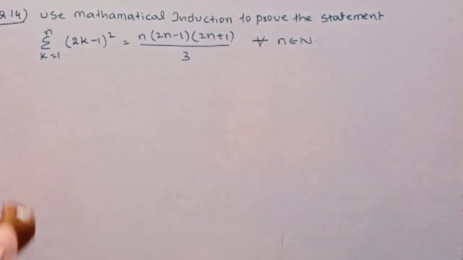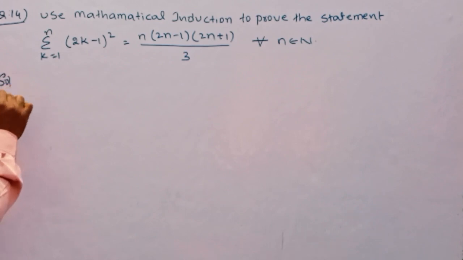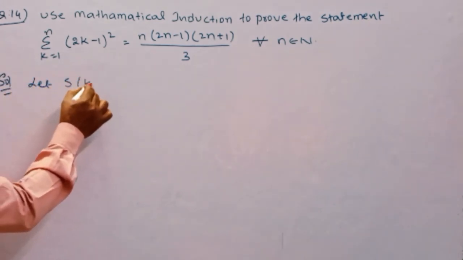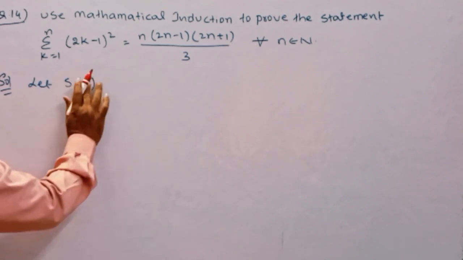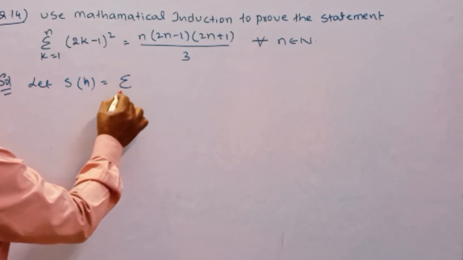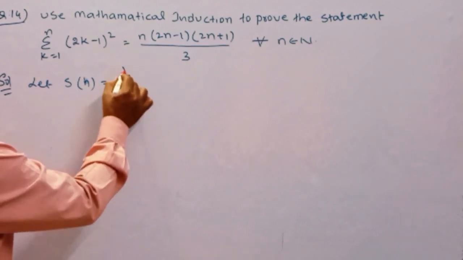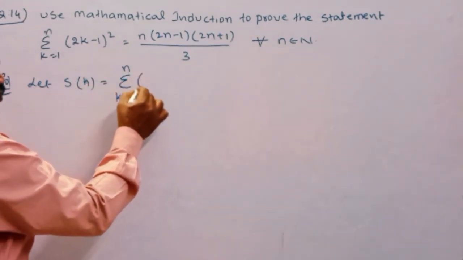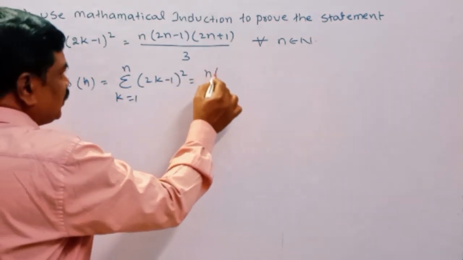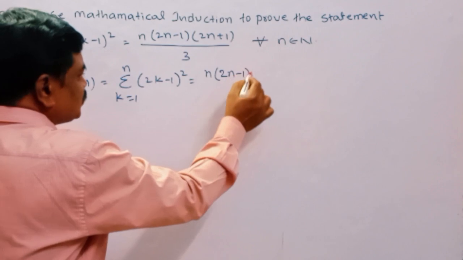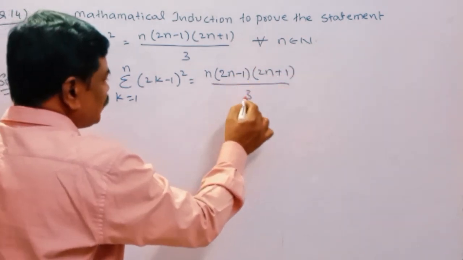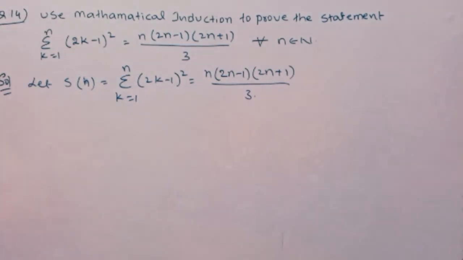So what is the given statement? Let S of n be equal to sigma k equals 1 to n of (2k minus 1) whole square equals n(2n minus 1)(2n plus 1) by 3. How to write this statement?